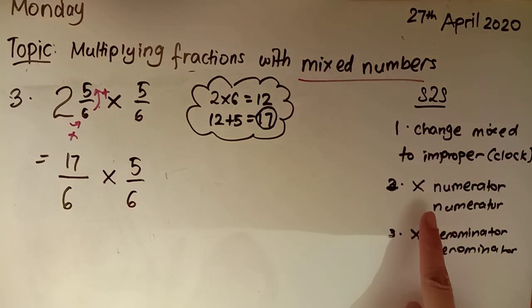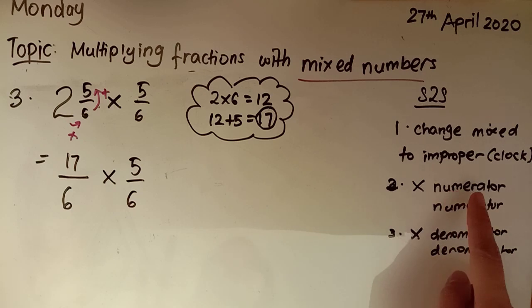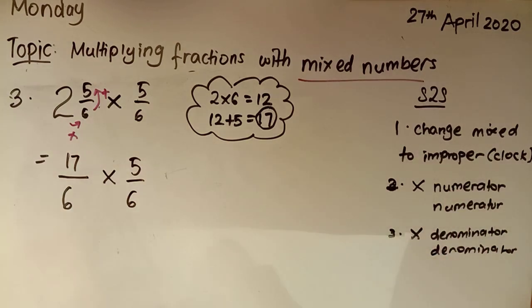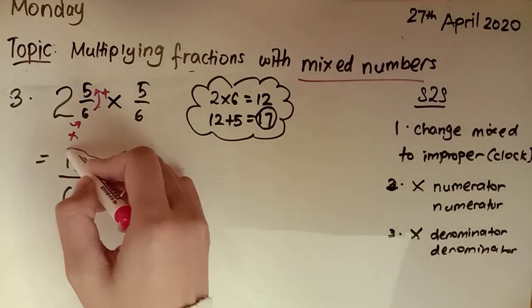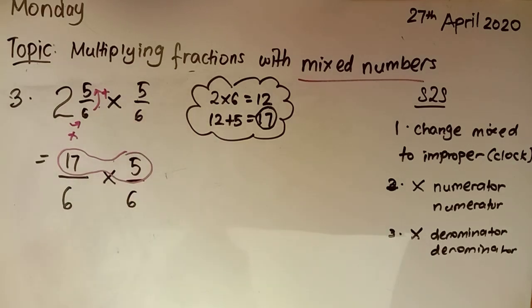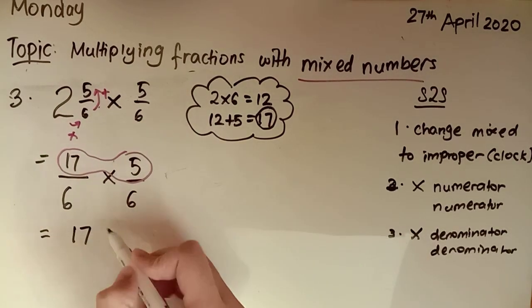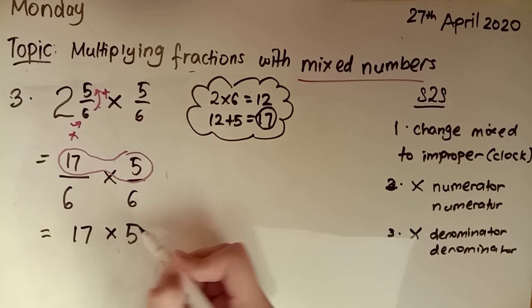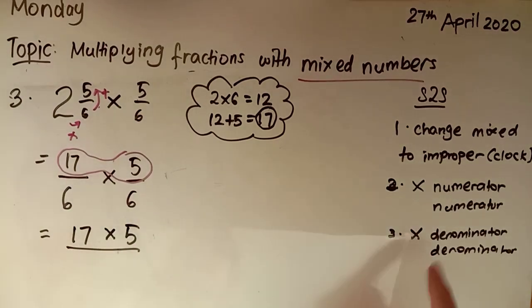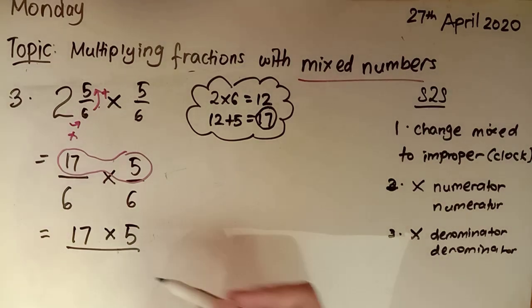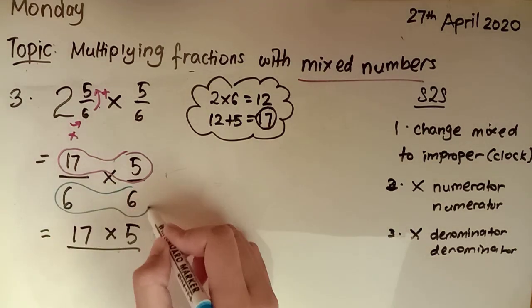Step 2, multiply numerator with numerator. So these are the numerators. This becomes 17 times 5 over step 3, multiply denominator with denominator.